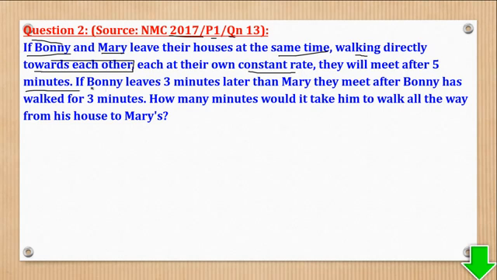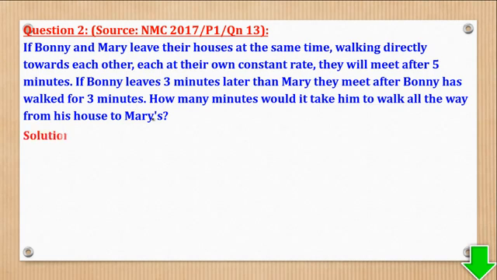If Bonnie leaves 3 minutes later than Mary, they meet after Bonnie has walked for 3 minutes. How many minutes would it take him to walk all the way from his house to Mary's house?